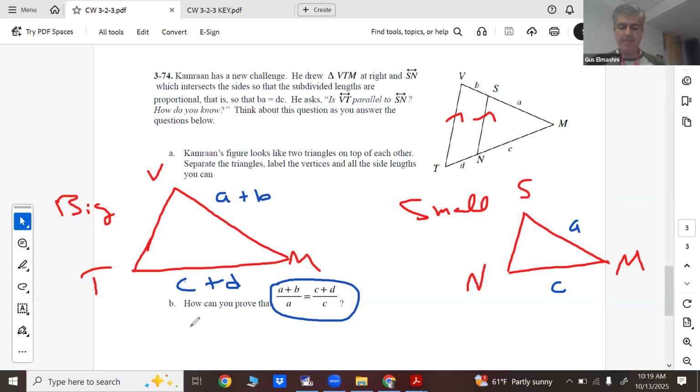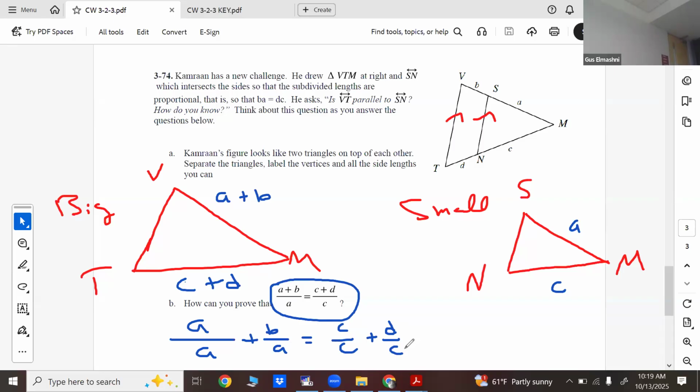Here's what I want you guys to do. Let's break off the left side like this. This is something you probably don't think to do, but it actually does help.